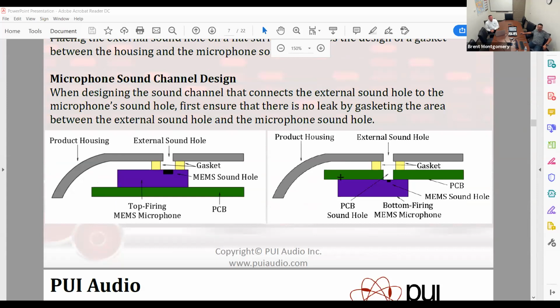The bottom firing seems to be the most popular right now, but the top firing is a little bit easier to get closer to the external sound of your product. So sometimes that's going to be a little bit better of a selection. You want to gasket these to make sure that you don't have any sound leaking out the side, so the microphone has a direct path to the outside air. And that's going to prevent any type of change in frequency response.